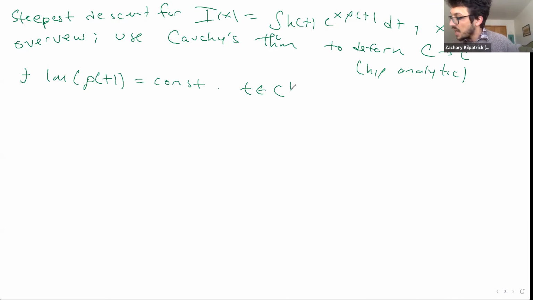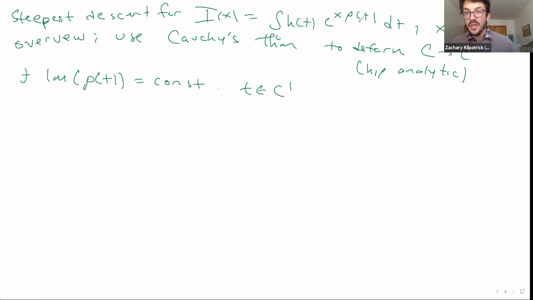So the idea is that somehow we find some contour that we can draw in the complex plane such that this argument up here of our exponential is going to be constant.